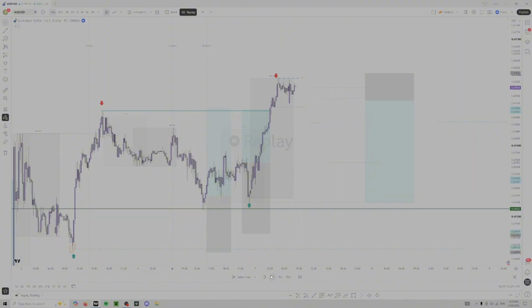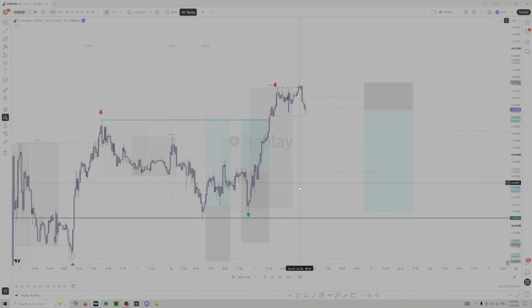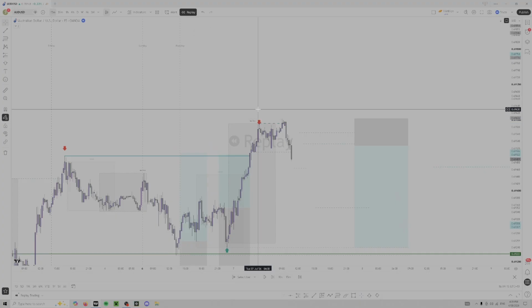Okay, that's a lie. So what happens here is, I forgot this happened, we get a higher high. The most recent higher low slash bullish structure that forms is here.